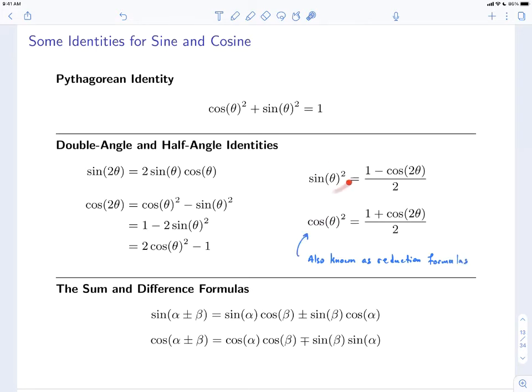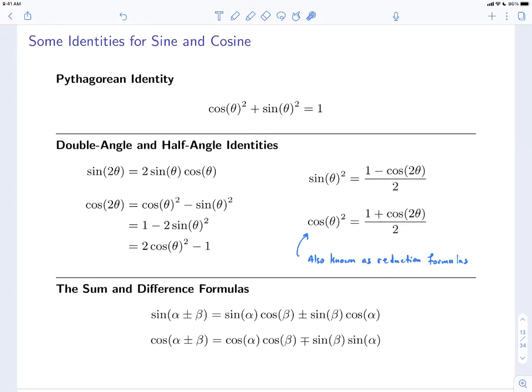So we have sine theta quantity squared, but we get rid of the squared by rewriting it as 1 minus cosine of 2 theta divided by 2. Cosine of theta quantity squared is 1 plus cosine of 2 theta divided by 2. We go from a squared to something which is not squared. So that's why it's called a reduction formula.